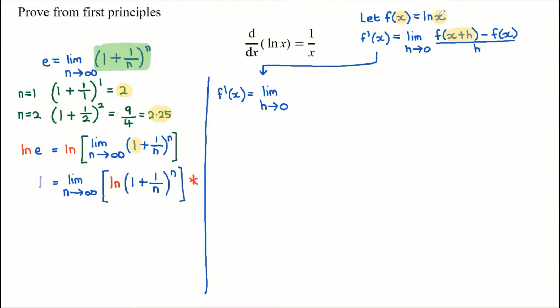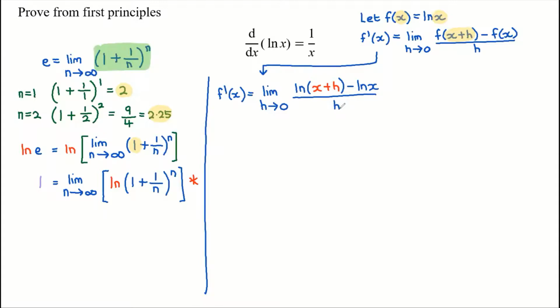So that's easily done, isn't it? The function is, of course, the natural log, so it's going to be the natural log of x plus h. I'll put it in red so you can see what I've done in this step. Subtract the natural log of x, which is just f of x, all over h. So that's the first step. It's just a case of substituting the function into the definition.